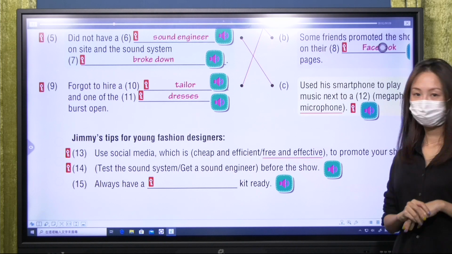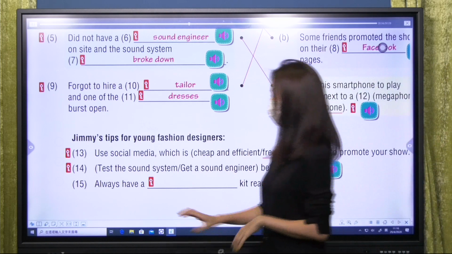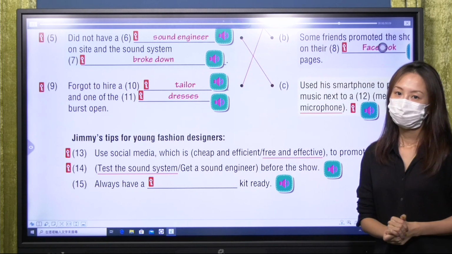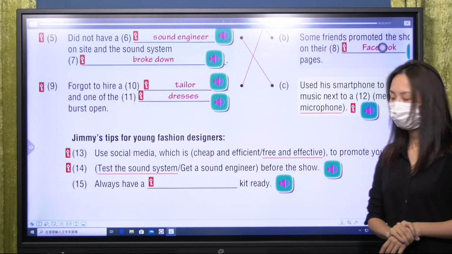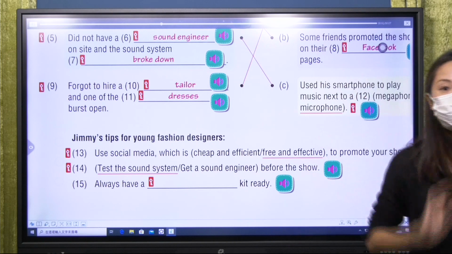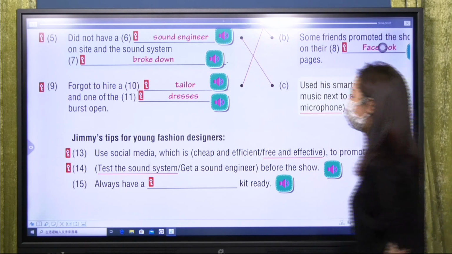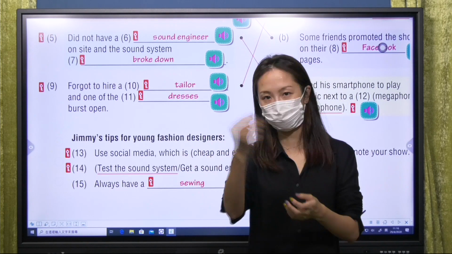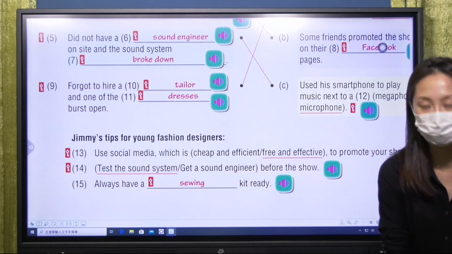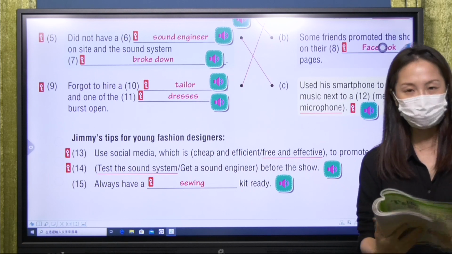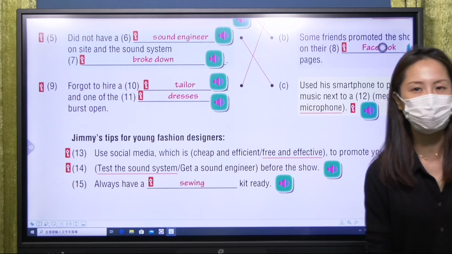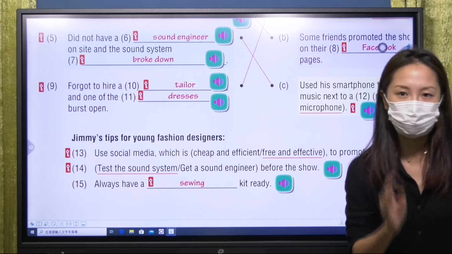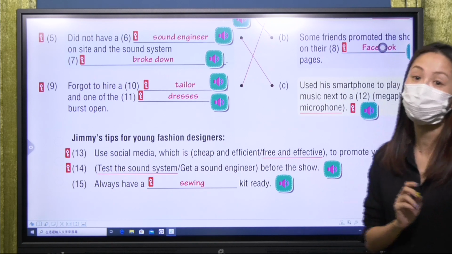So, I'd suggest that you test the sound system before the show and make sure everything works. If you can't afford a tailor, at least have a sewing kit ready at all times. Sewing kit 嗰啲縫針嘅工具箱啊。Okay, so for task 1, it's not easy, right? It's not easy. And I really, again, highly suggest you to read the questions before the recording starts.